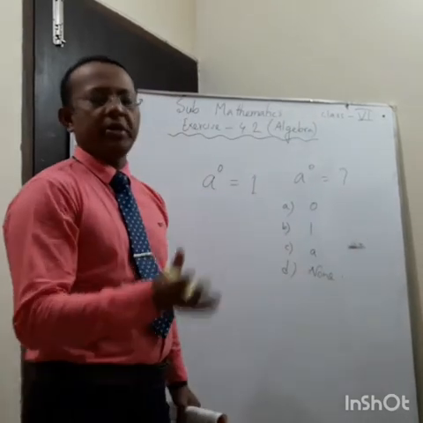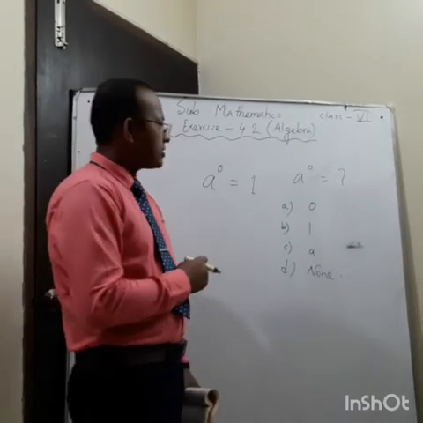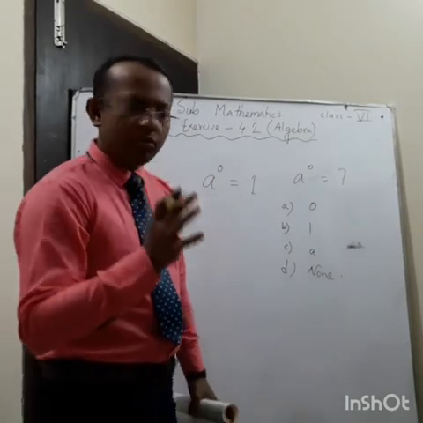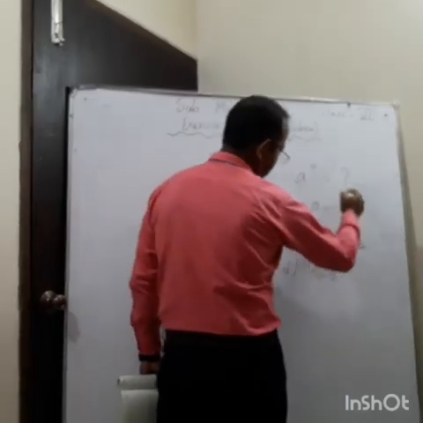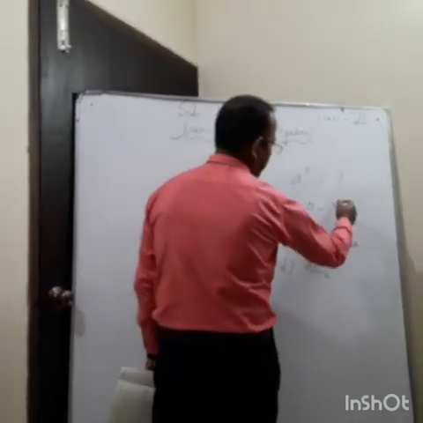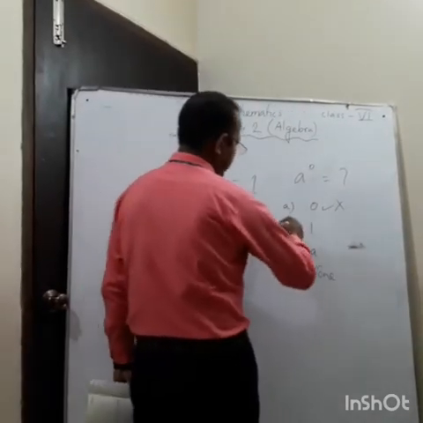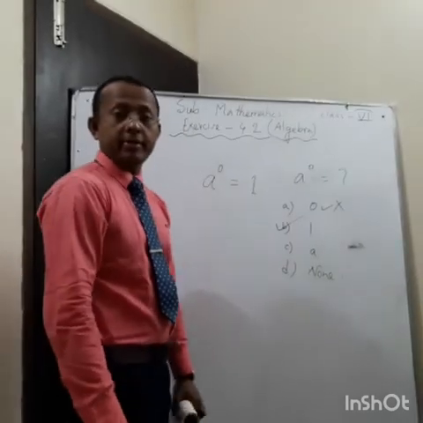That type of question may be asked. If you don't know, you may answer carelessly, but that is wrong. The correct answer is B, that is, the answer is 1.